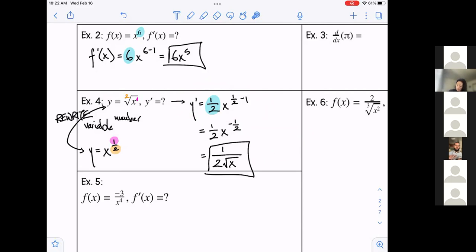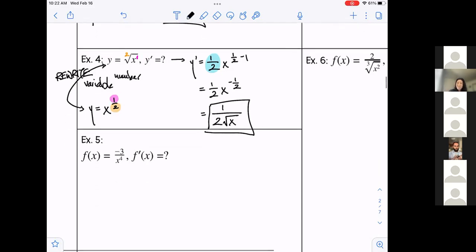Okay. Just to understand, if x equals 9, let's say, so the slope would be 1/6. Yes, exactly. I have a question too. So if it was positive, it would go on the top and there'd be just 2 square root of x. It would be square root of x over 2.